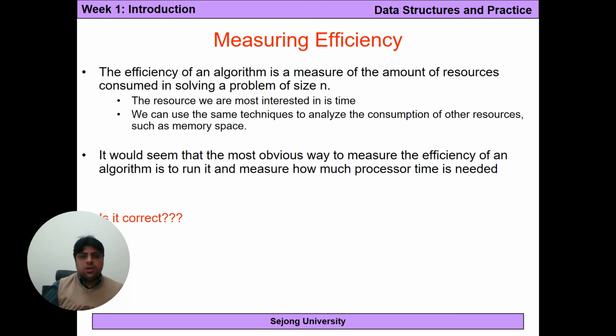So basically, time is the most important thing. Other resources can be managed somehow. This is simply the essence of this matrix, that is, measuring efficiency. Okay.